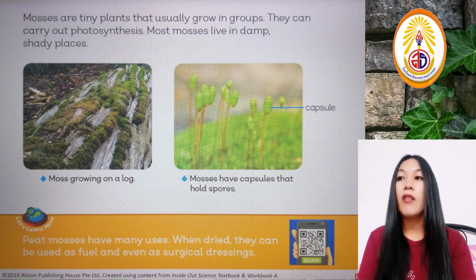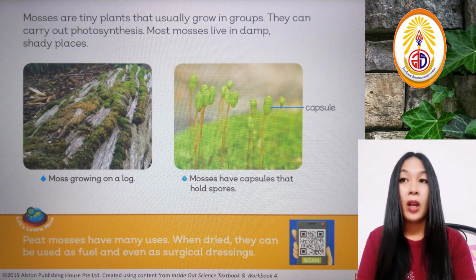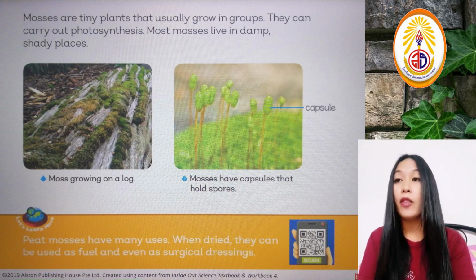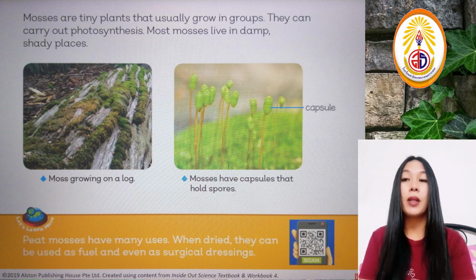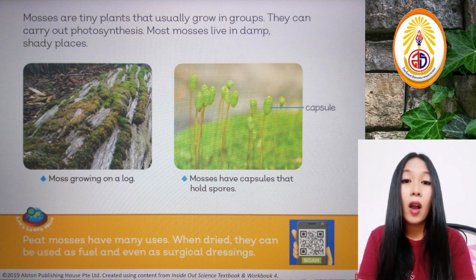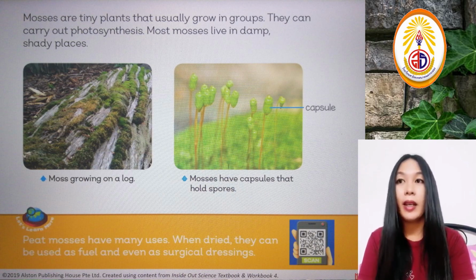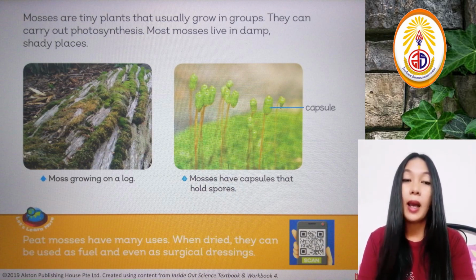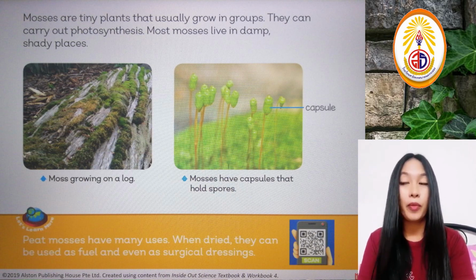Mosses, however, are very tiny plants that usually grow in groups. They can carry out photosynthesis. Most mosses live in damp, shady places. So you can find mosses most often in damp places or places that are a little bit wet, and shady places, which means that they are not easily reached by the sun.